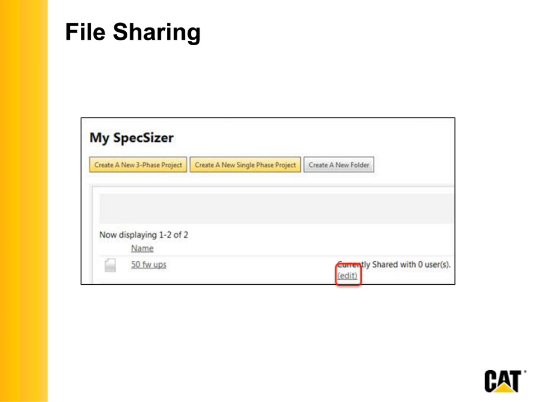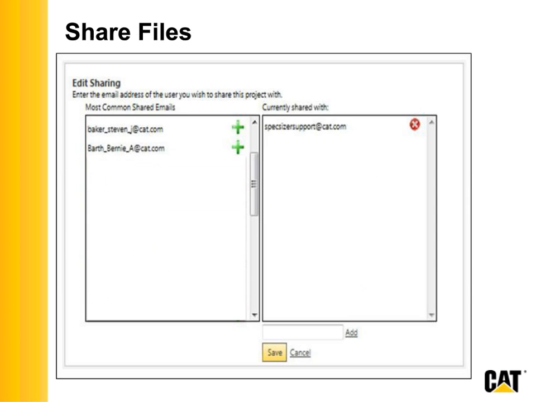It's going to bring up this dialog, and you have an opportunity then to type in another registered SpecSizer user's email address in the box right above the save command. You simply type in their email address, click add, and if this is the first time that you shared that file with that person, their email address will be added over on the right-hand side.